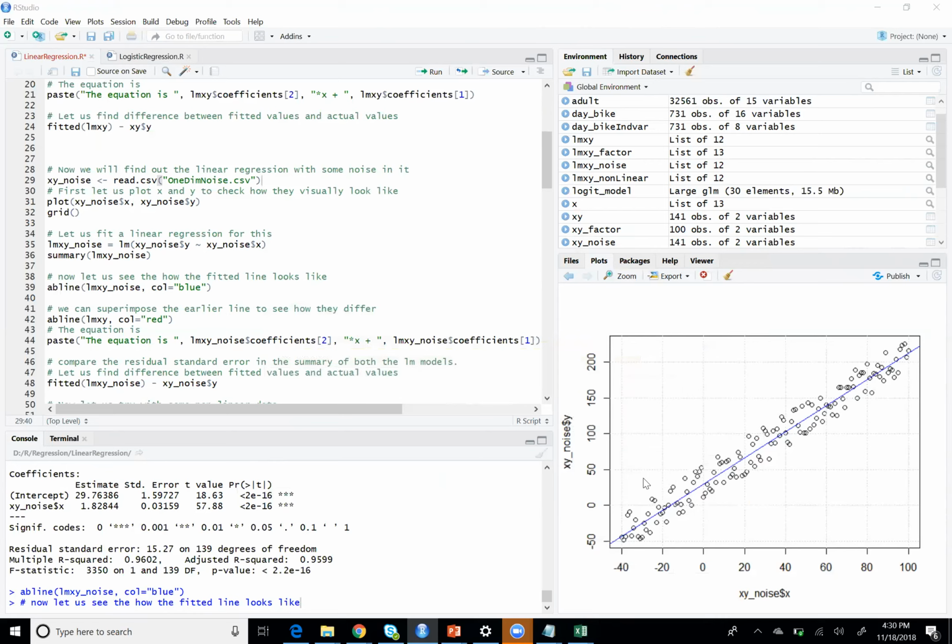Linear regression is nothing but, given the data, how do you fit a linear line through it? The reason we do that is, in case we get some new values, we have to find what the predicted value of y is. This is generally used, for example, for predicting stock market values.